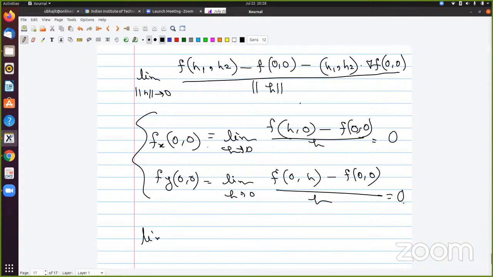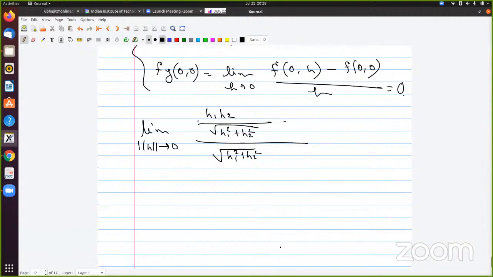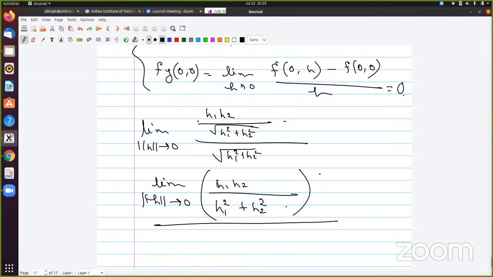So what about the limit of this? This is h1 h2 over root of h1 squared plus h2 squared, divided by the norm of h. The norm of h means root of h1 squared plus h2 squared. So what we get is h1 h2 over h1 squared plus h2 squared. Now, do you know what this limit is?